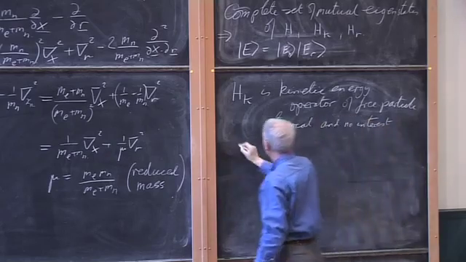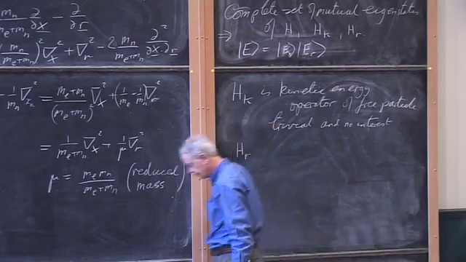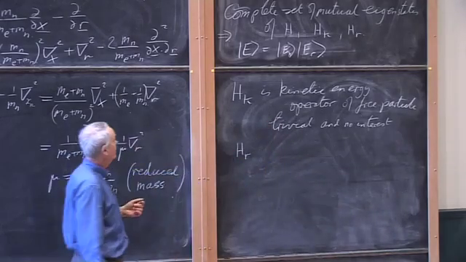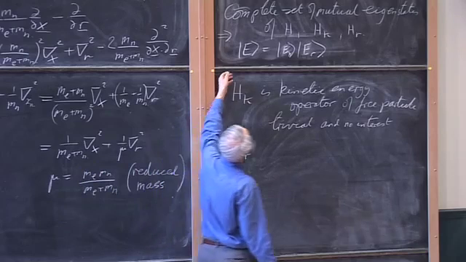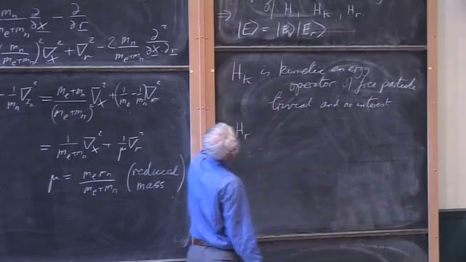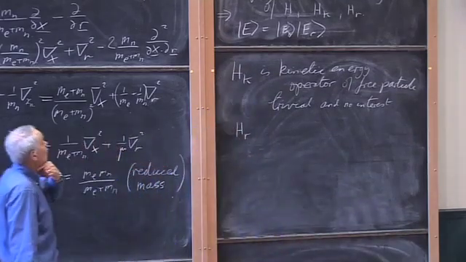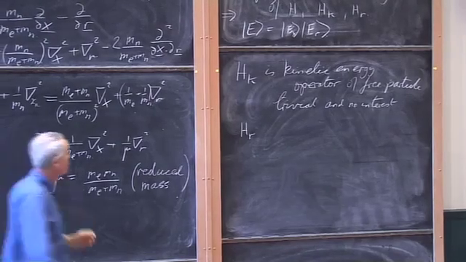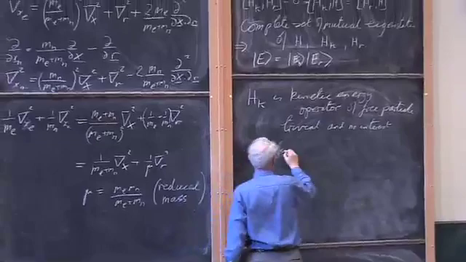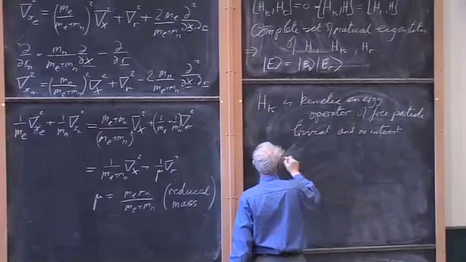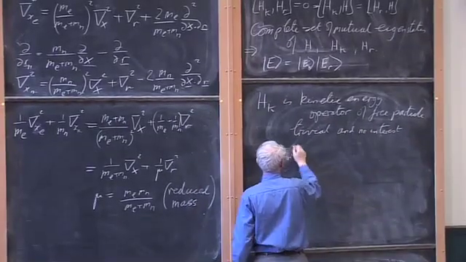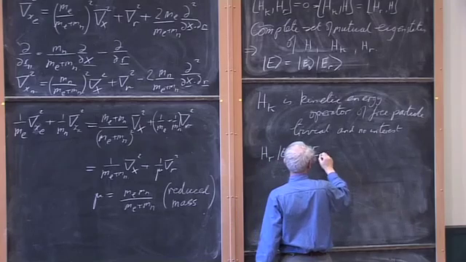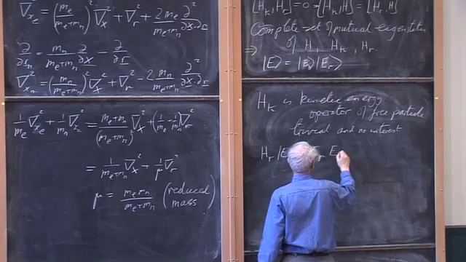So we focus in on HR. Now, we went to some considerable trouble to show, so this has to be studied. What we want to deal with is HR, ER is equal to ER, ER.